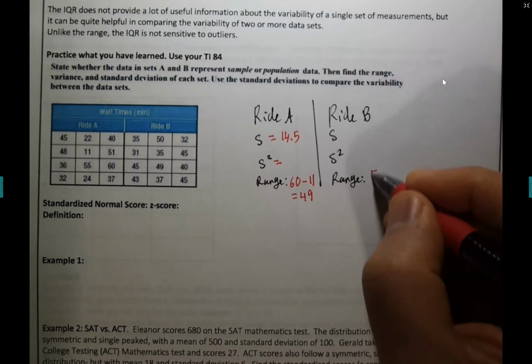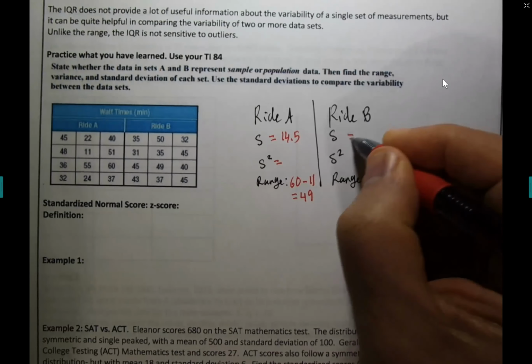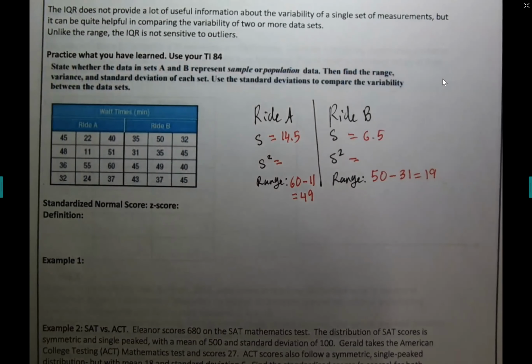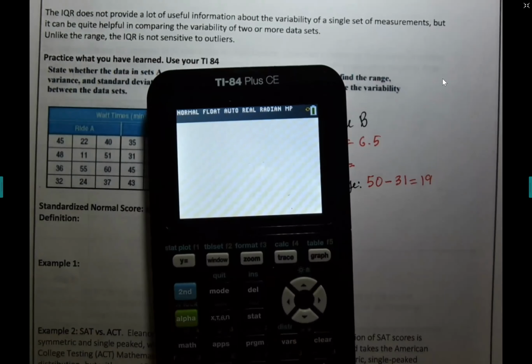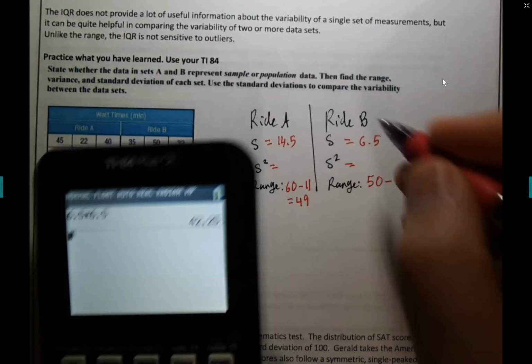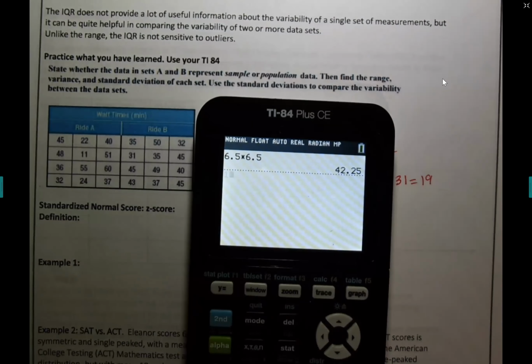So 50 minus 31, which is 19, and S is 6.5. Okay, to find the variance, guys, all you need to do is take 6.5 multiplied by itself. I got 42.25. And for the other one it will be 14.5 times 14.5.